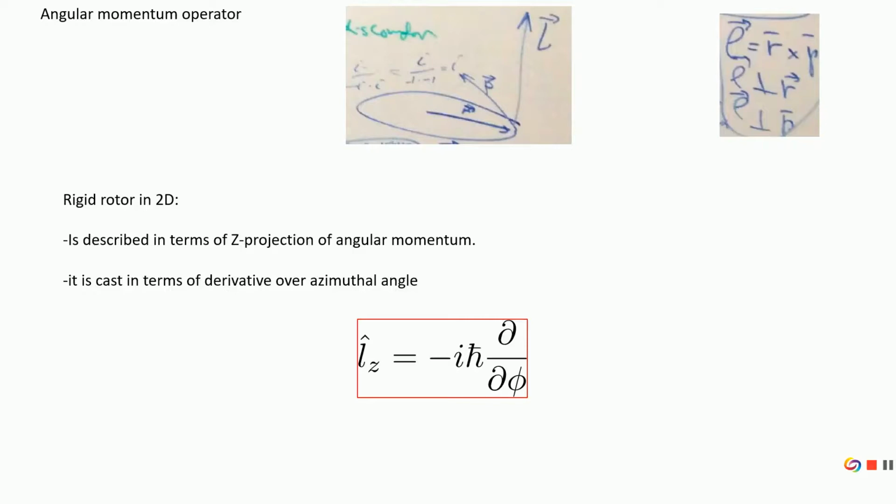And if we apply it to planar two-dimensional motion, it can be expressed as a derivative over angle, which is very attractive from a mathematical point of view, right?